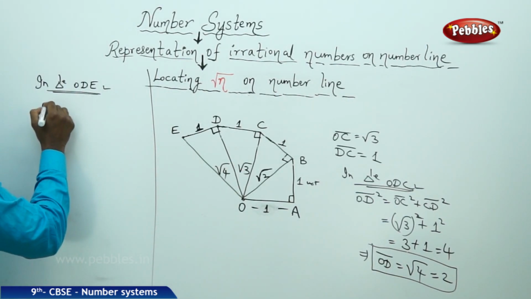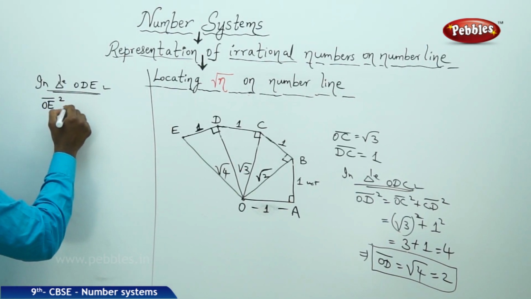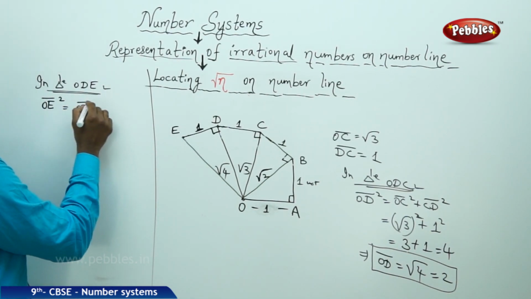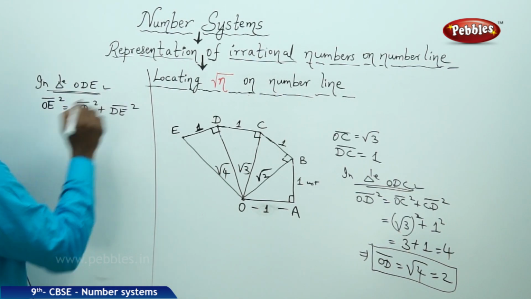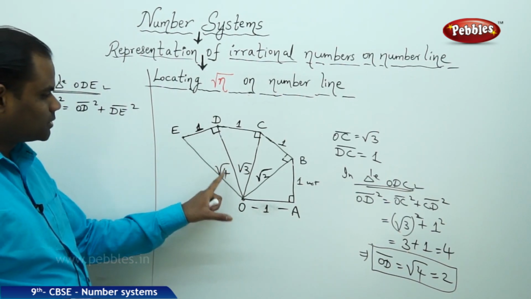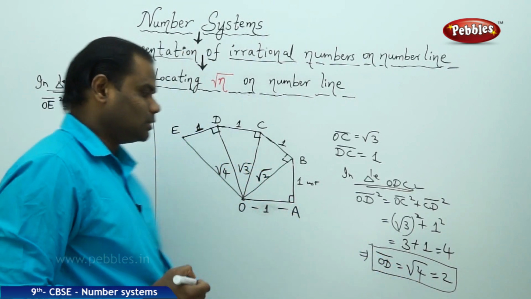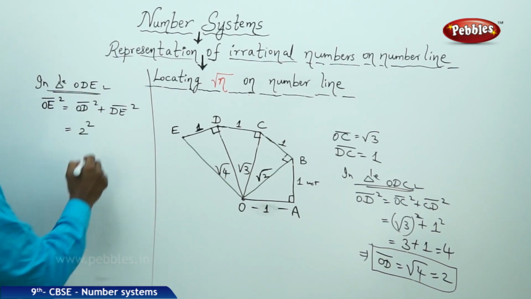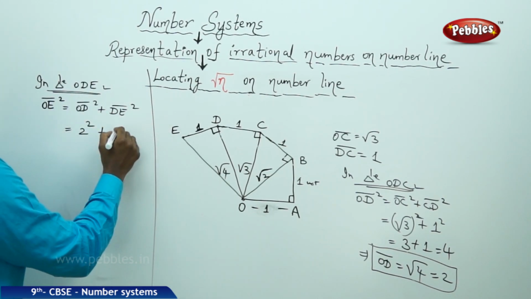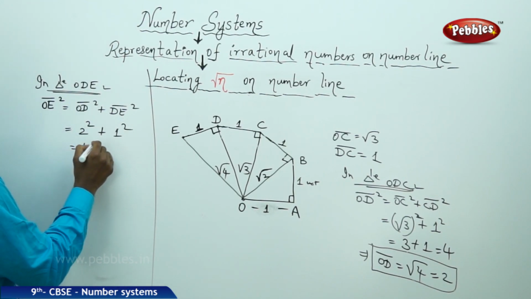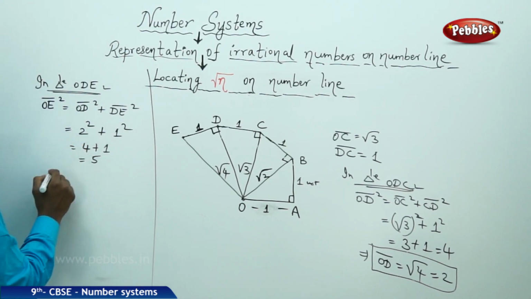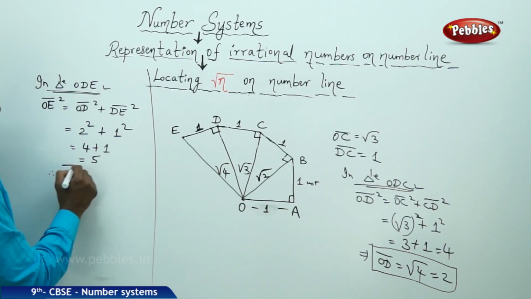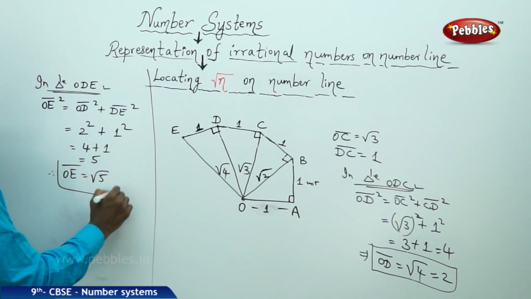So using the Pythagoras theorem, the hypotenuse OE square will be equal to the sum of squares of the other two sides, which is OD square plus DE square. Now I have my OD, which is calculated as root 4 or 2. So OD, which is root 4 or 2, squared, plus DE, which is 1 squared, gives me 4 plus 1, which is 5. Therefore, OE square is 5, which implies my length OE is root 5.